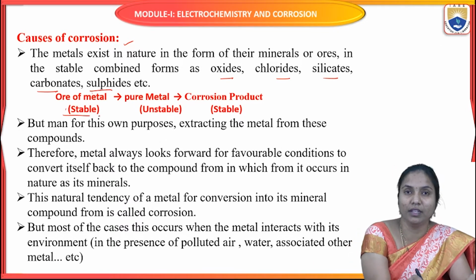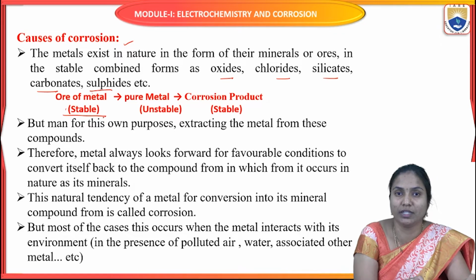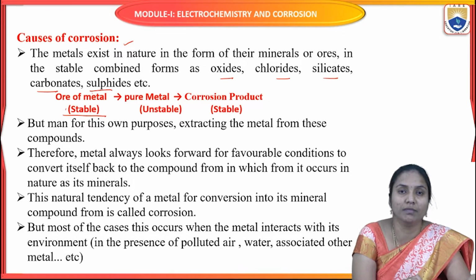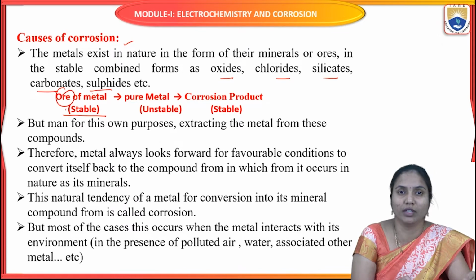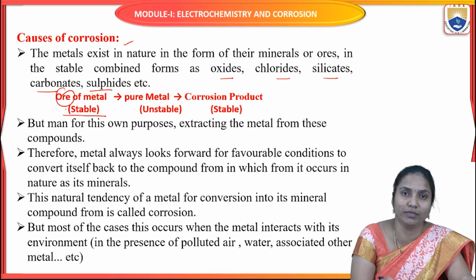For example, metal is generally available in nature in a stable form, which is the ore. That means it is available in nature as compounds, that is metal oxides, metal sulfides, metal carbonates, silicates, etc. That is called an ore, and it is the stable form in nature. But for our purpose, we extract the metal from this compound.